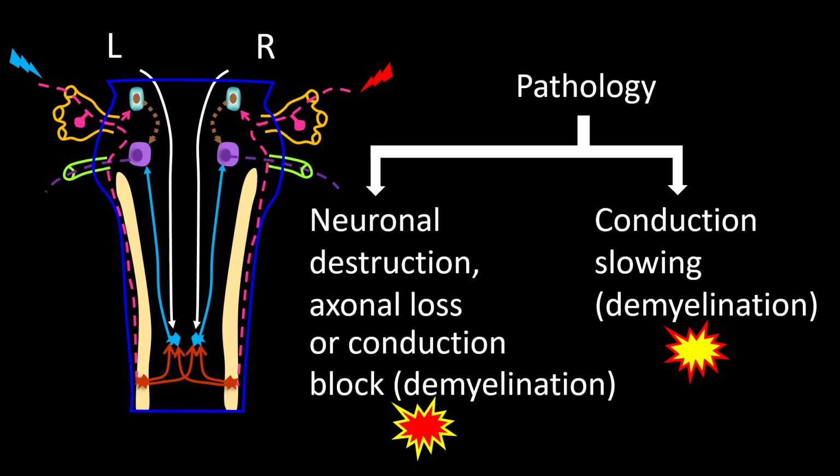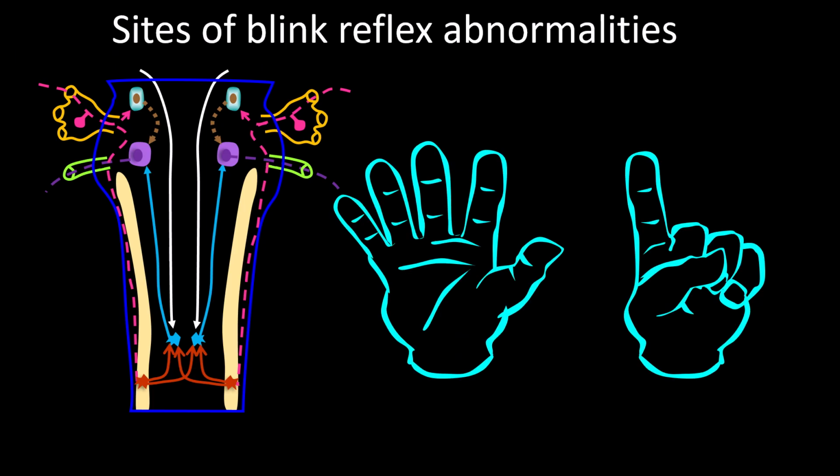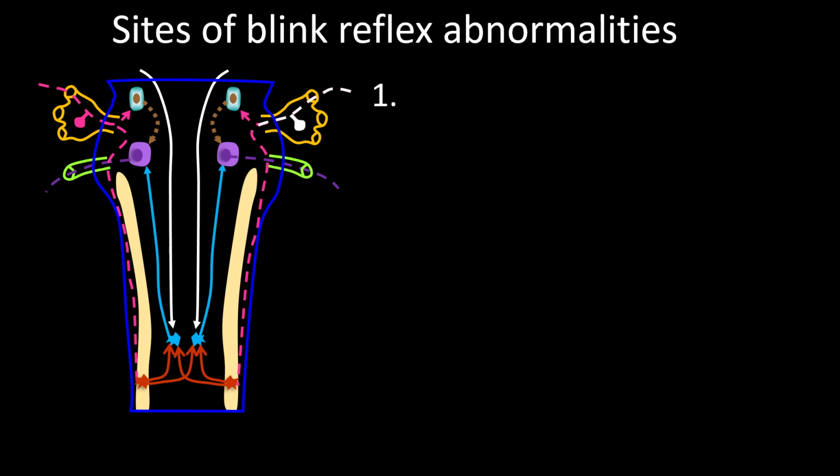These pathologies tend to occur at 6 anatomical sites of the blink reflex pathway. I will now proceed to enumerate them while indicating their location on the right side. Site number 1 corresponds to the distal segment of the afferent arm of the blink reflex.